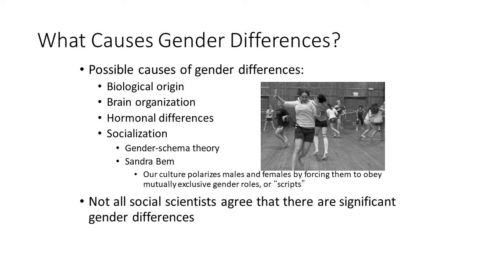But not all social scientists agree that there are gender differences. Janet Shibley Hyde did a meta-analysis study examining gender differences. And before I delve into the study itself, meta-analysis is a statistical method for aggregating research findings across many studies of the same question.